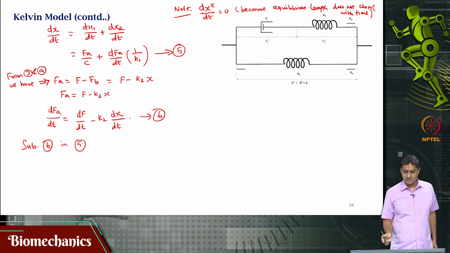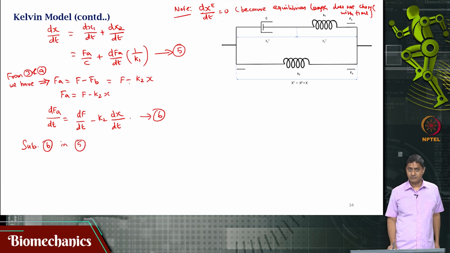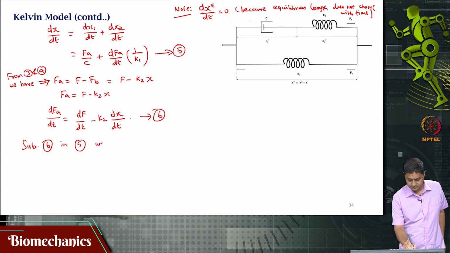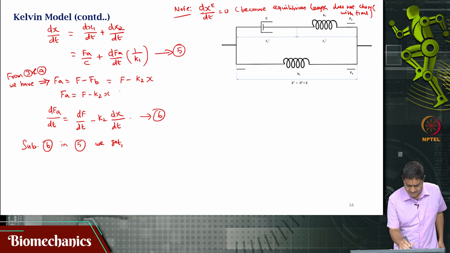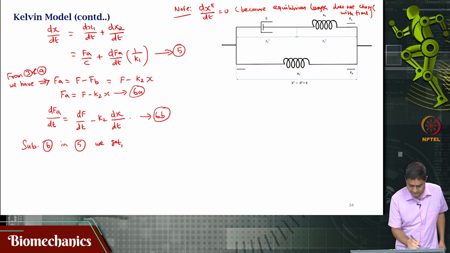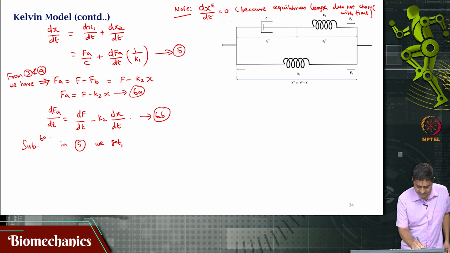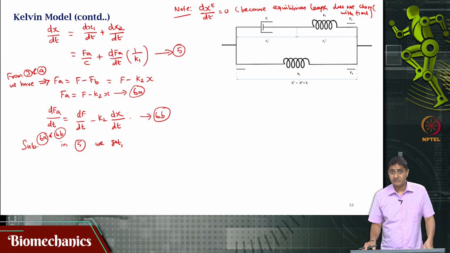As in, also substitute the expression for Fa. Okay. What do we get? Okay, for convenience I am going to call this 6a and 6b. Now substitute 6a and 6b in equation 5, that is, substitute the values of Fa and dFa by dt in the expression for dx by dt.